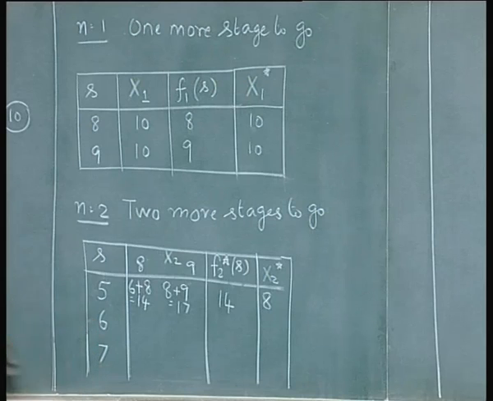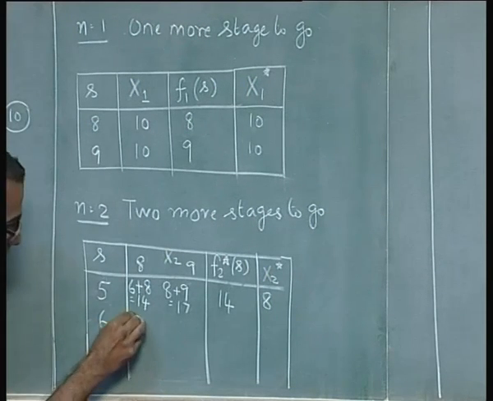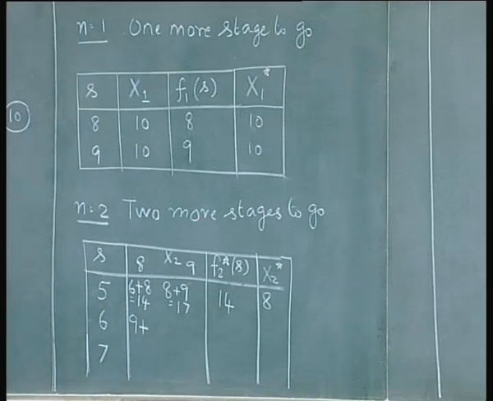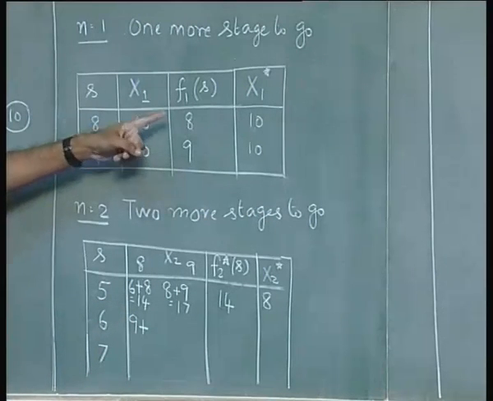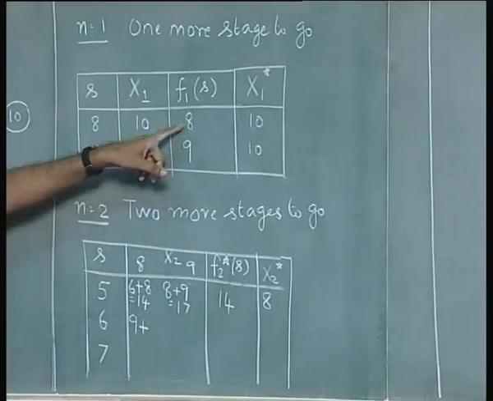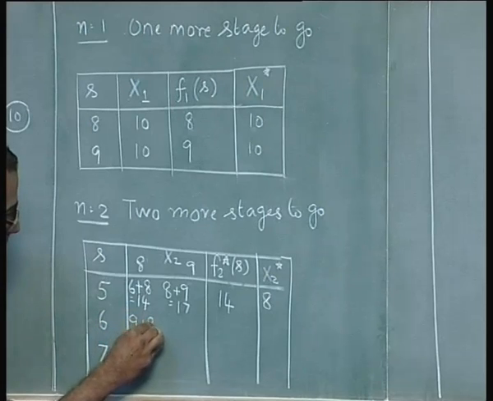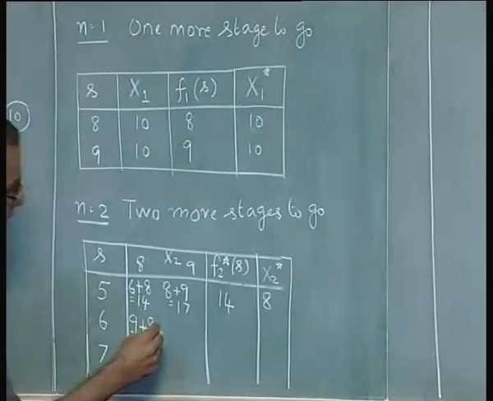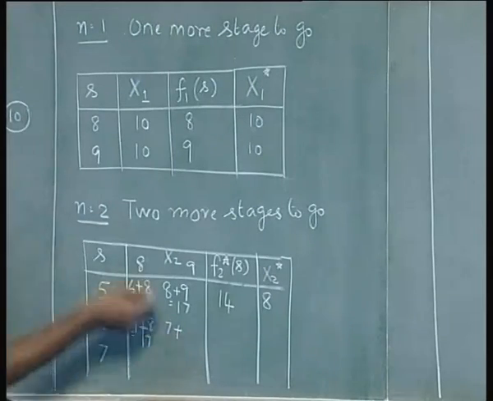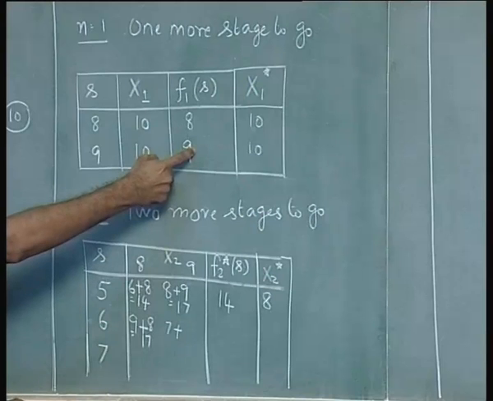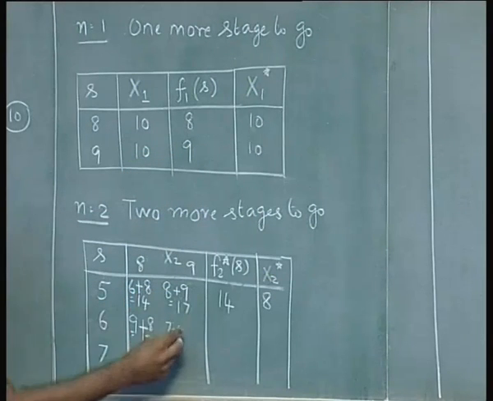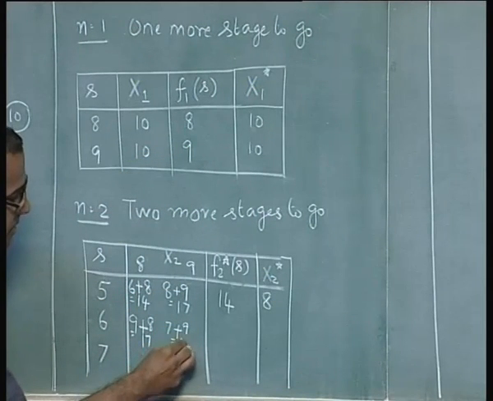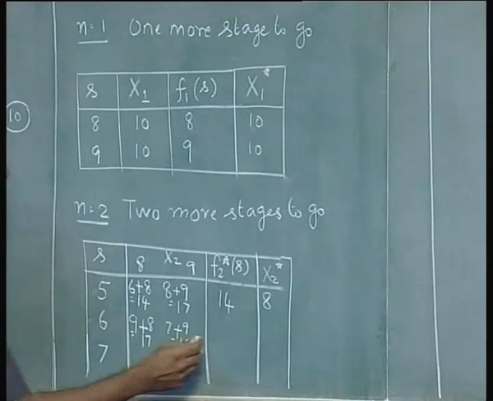Now if the person is at 6 and decides to go to 8, there is a 9 here, and 8 to destination is already seen, which is the same 8 which is here. So this becomes 9 plus 8 equal to 17. If the person is at 6 and decides to go to 9, it is 7, and 9 to destination is already an additional 9, which is the same 9 here. So 7 plus 9 equal to 16, and the minimum of them is 16.